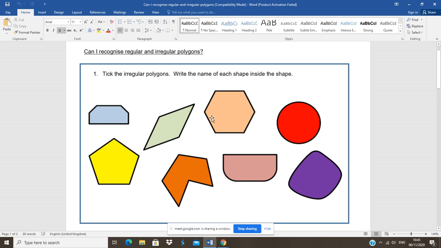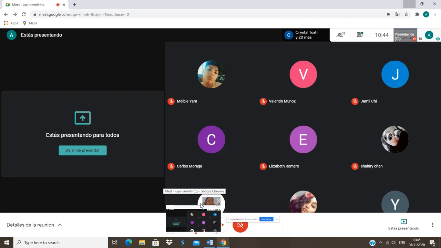So if we go to the second one, which has a green color, what do you think this figure is? Is it regular or irregular?